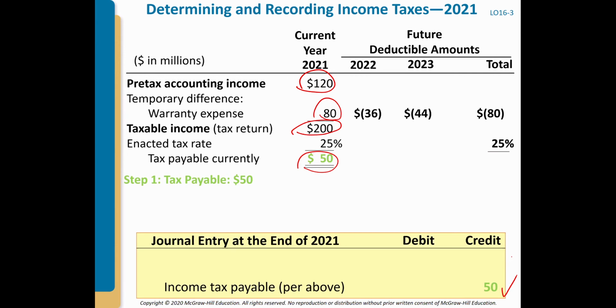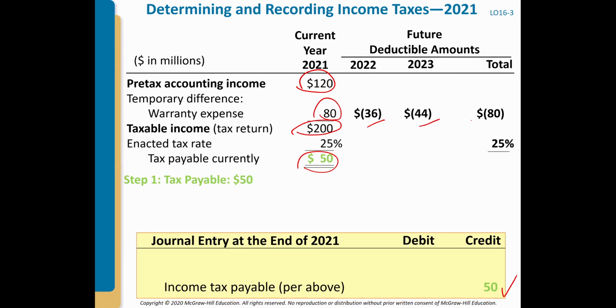Then let's look at the difference between accounting income and taxable income. This is the 80. The 80 will be our future deductible amount because we paid more taxes, so in the future we can deduct. In 2022, we can deduct 36, and in 2023, we deduct 44.